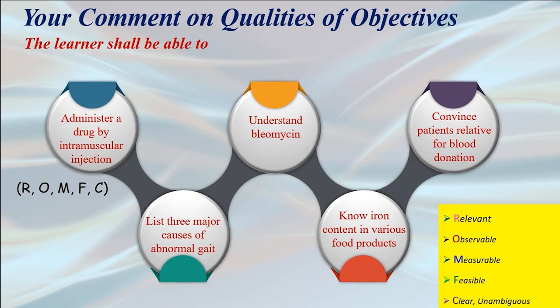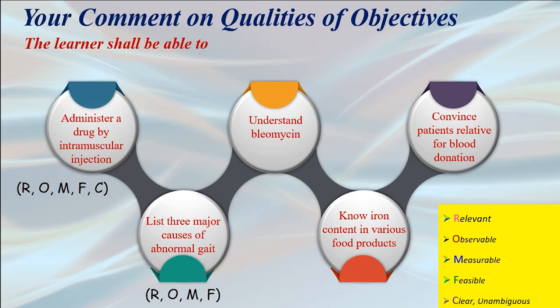The next one is: the learner shall be able to list 3 major causes of abnormal gait. Which criteria? Yes, it is relevant, observable, measurable. Is it feasible? Yes. What about clear?